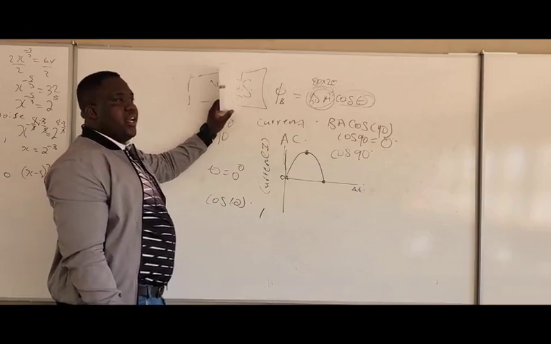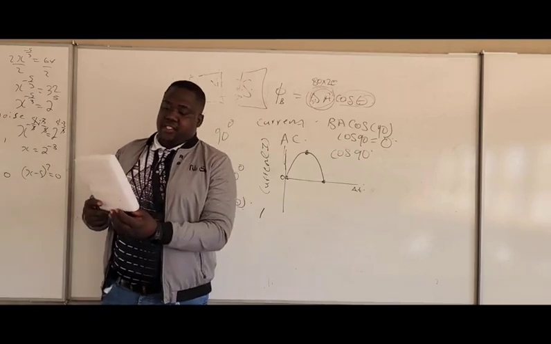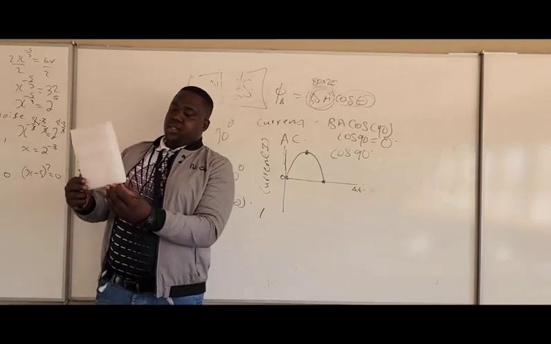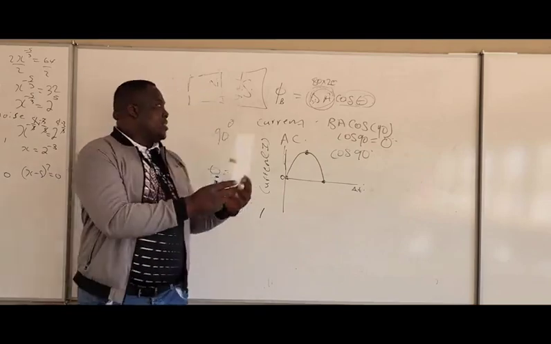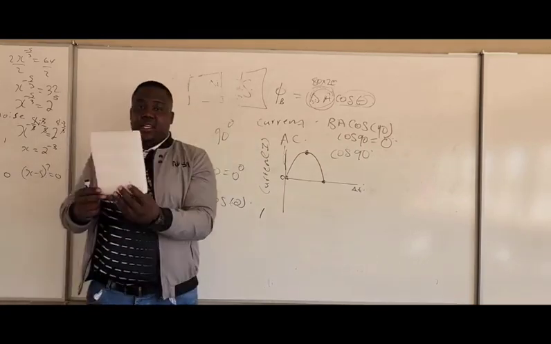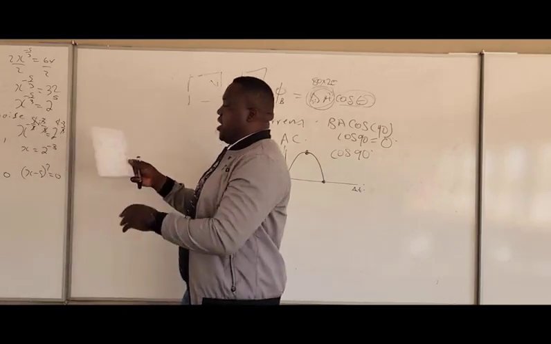This time around, you see it has changed the phase. When it was turning, at first it was perpendicular like this, facing me, right? Let me just give you an example so that you understand.